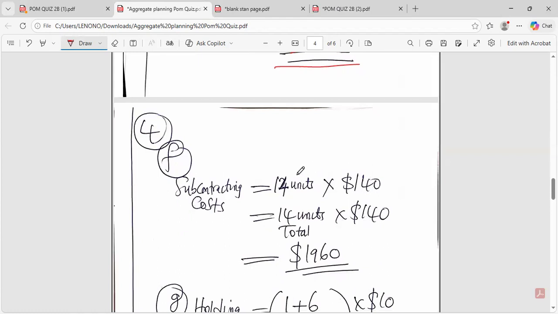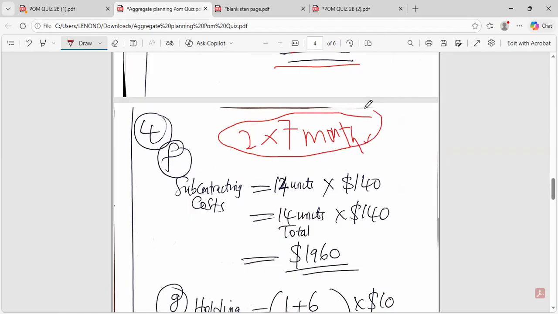Subcontracting units, we have 14 units, which is simply 2 units per month times 7 months, which is giving us 14 units multiplied by $140, which is 1,960.